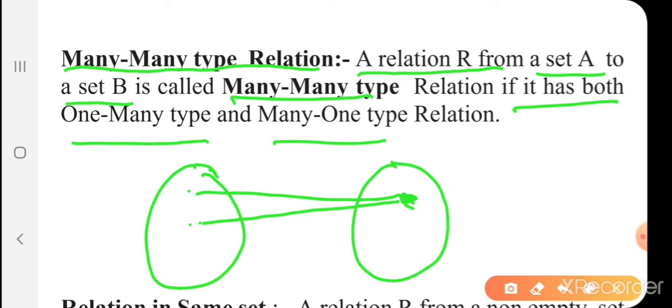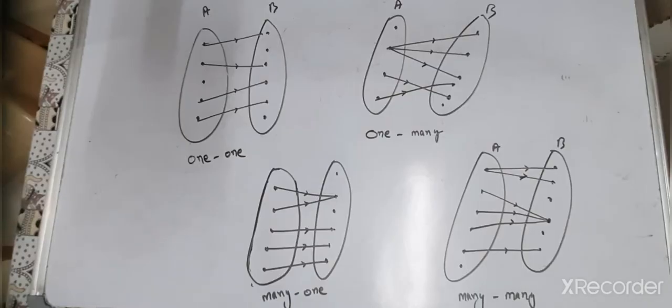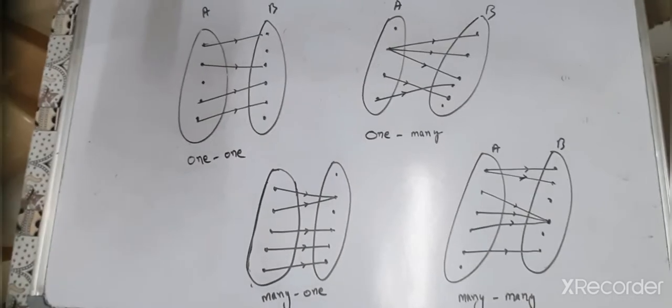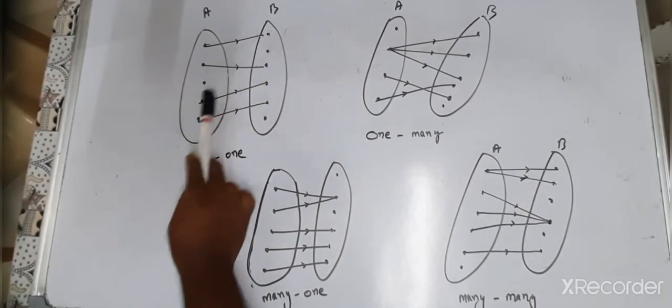Now you see again, here only one element is related with two elements. So this type of relation is called the many relation. Okay, now you see, this 1 is related with 1 in all cases.